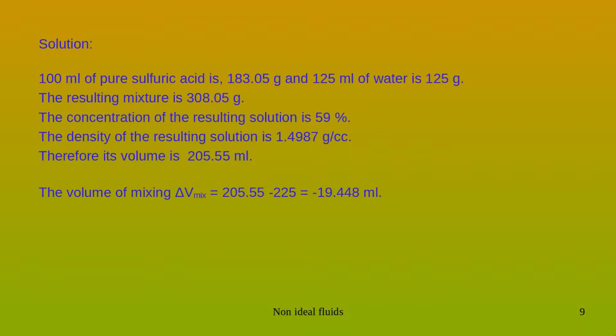But now here, because the two molecules are dissimilar and the bonds are broken and reformed between dissimilar molecules, there is a change in volume. Therefore, whenever we mix two non-ideal liquids, we will have a volume of mixing. Now, the volume of mixing may be positive or it may be a negative quantity. This depends on how much we are mixing, the quantities that we are mixing, and the nature of the bonds.